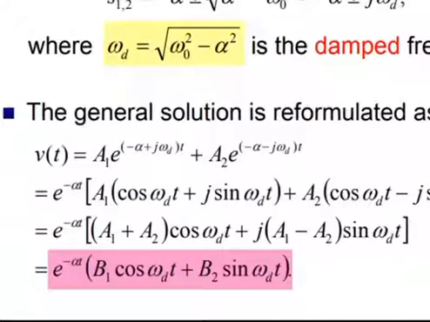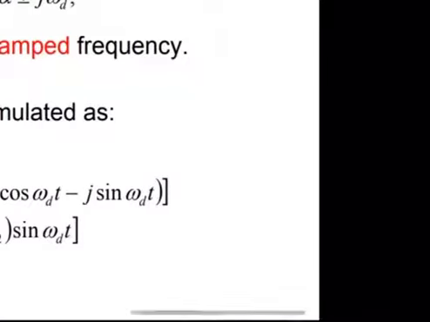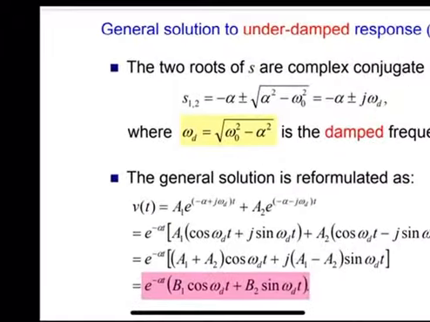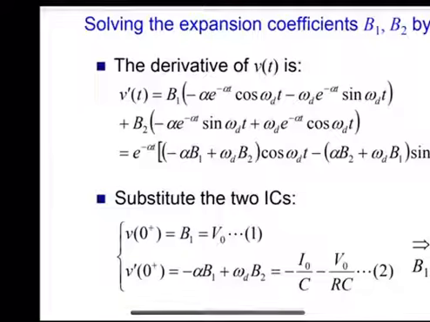So how are you going to solve for B1 and B2? Again, we will look into the derivative and also the initial conditions. You need the two initial conditions, one at V(0+), so you substitute all the t in the V(t) equation with 0, and by that you get equation number 1, which gives you B1 equals V0.